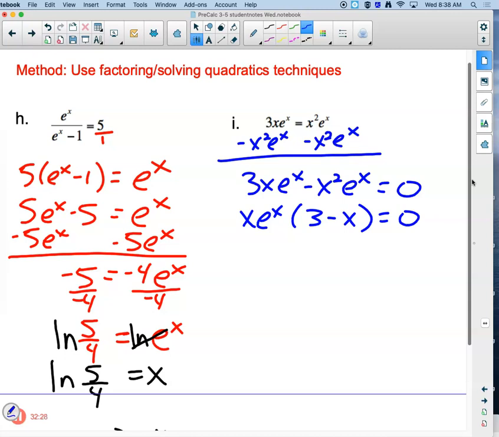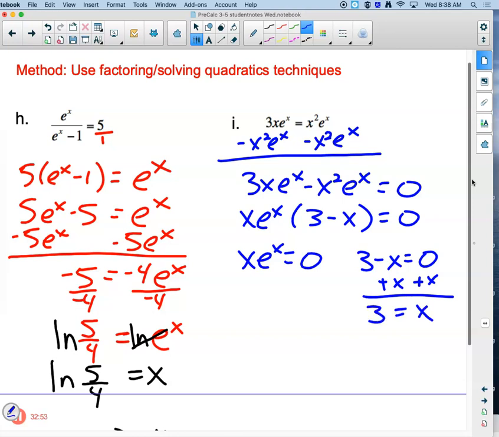All right, so now we have to find the zeros. That means x e to the x could be 0, but it also means 3 minus x could be 0. Well, this one's pretty easy to solve. I'll just add an x to both sides, which makes it easiest instead of doing it in 2 steps. So we have x equals 3.